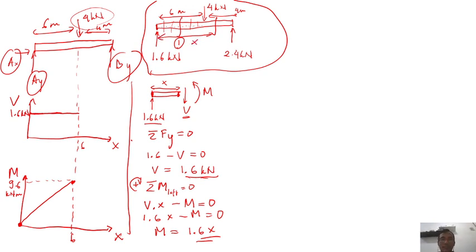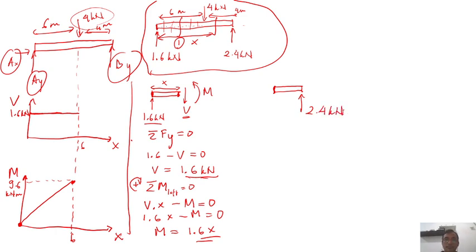So if I draw the second cut and I want to see this free body diagram, it's supposed to be like this. 4 kilonewton.